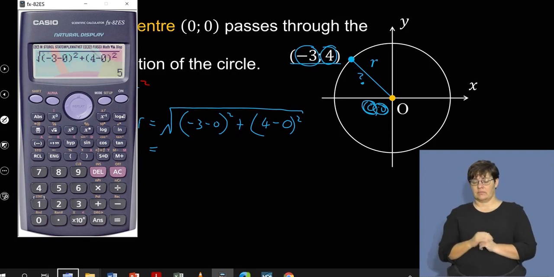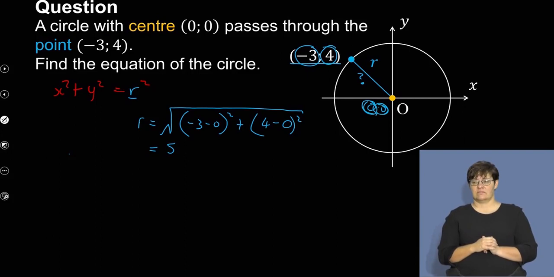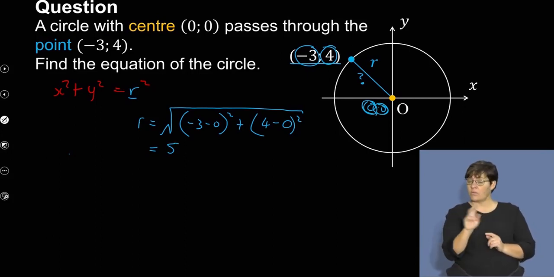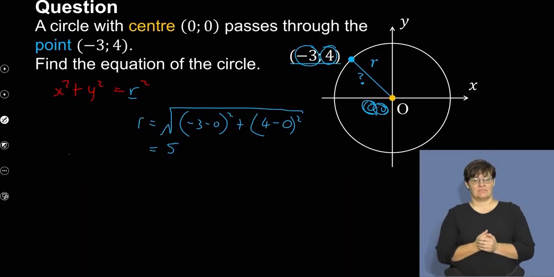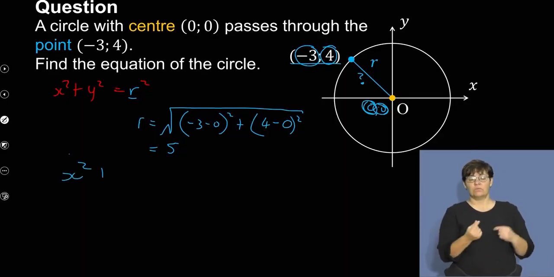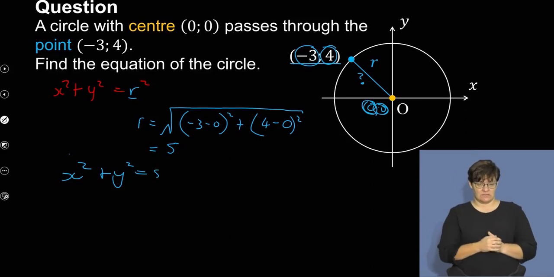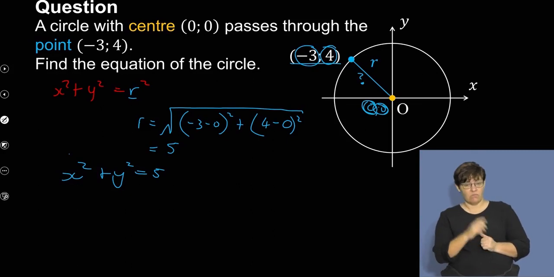I'm going to press equals, and oh, cool. I've now worked out my radius, and my radius is equal to 5. Excellent. All right. So I'm going to go and write down my equation, and that's there what I've got. Now, is this right?